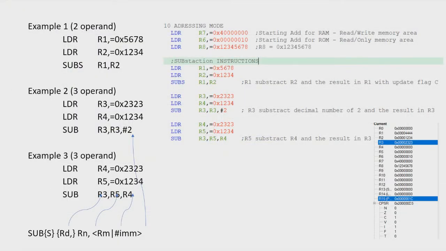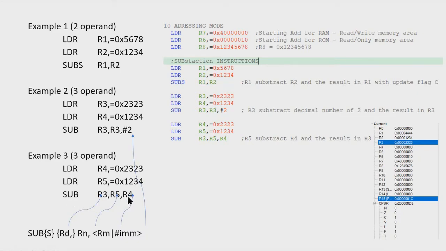So the third example is three operand, which is RD, RN, and RM. Here we load R4 with 2323, we load R5 with 1234, and we minus R5 with R4.